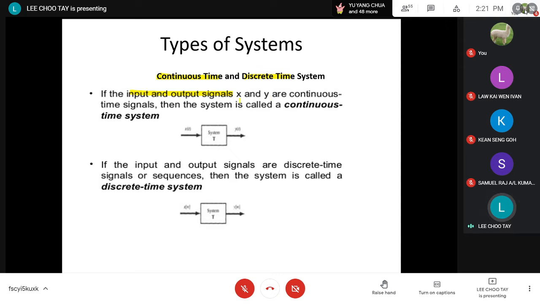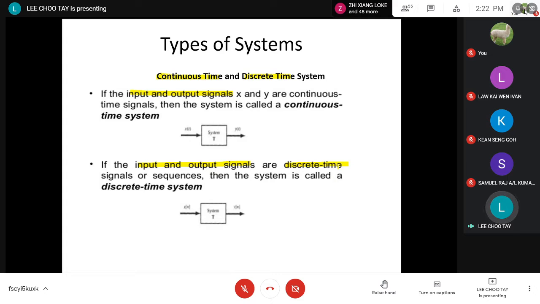Very easy, straightforward. Continuous in what? In time. That's why it's called a continuous time system. And discrete time systems are systems that process input and output signals that are discrete in time, right?